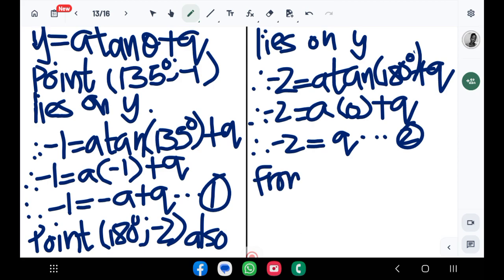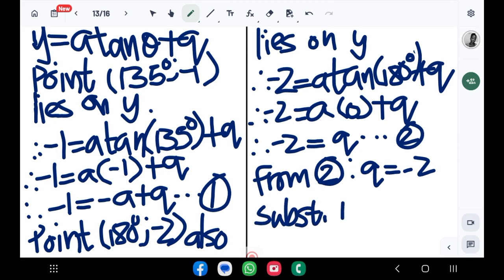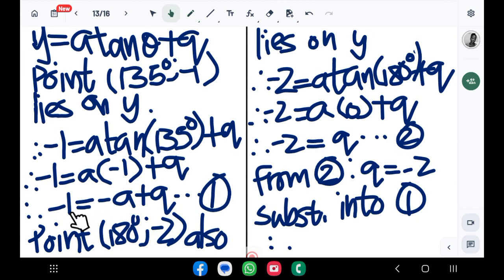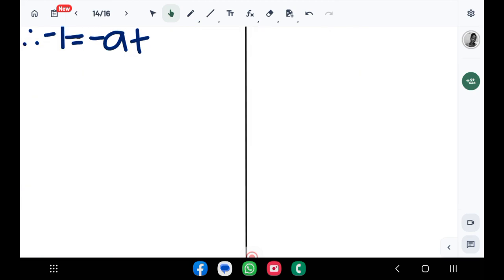From 2, q equals negative 2. Now you substitute this into equation 1. Negative 1 equals negative a plus q, and q is negative 2, so you substitute that: negative 1 equals negative a plus negative 2.